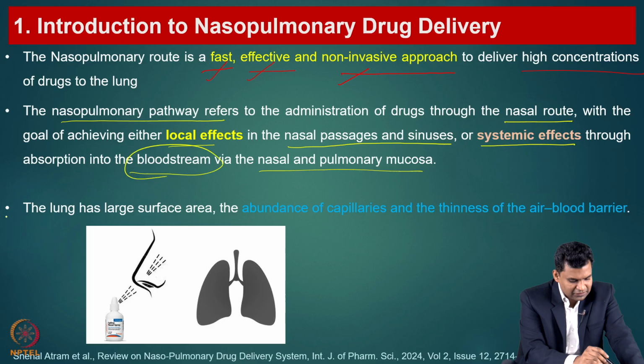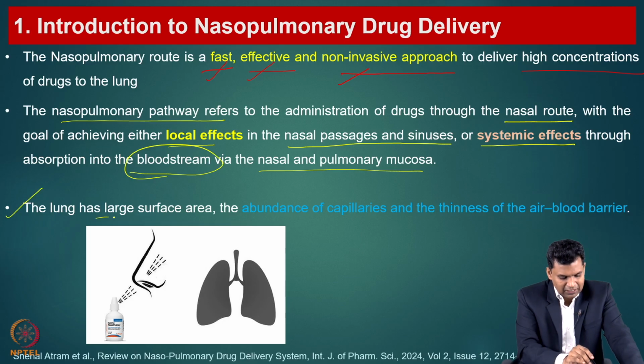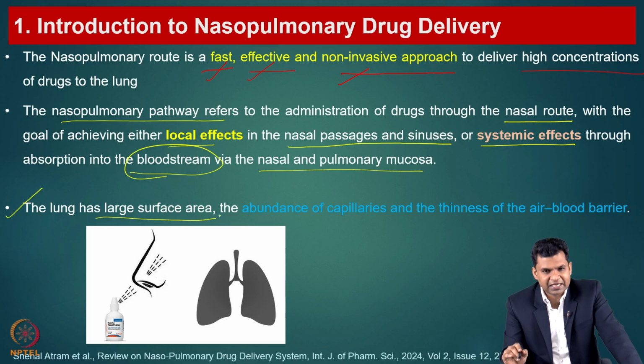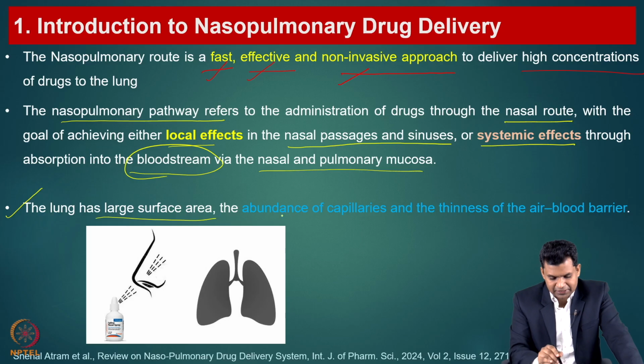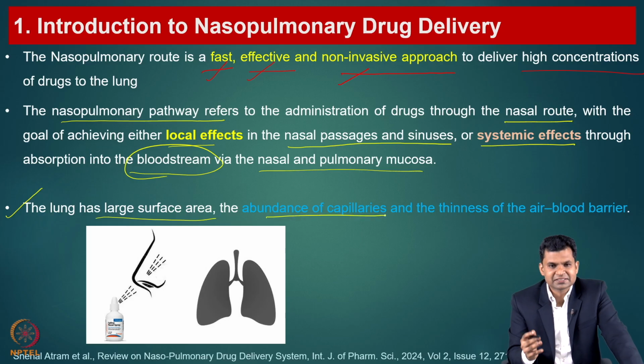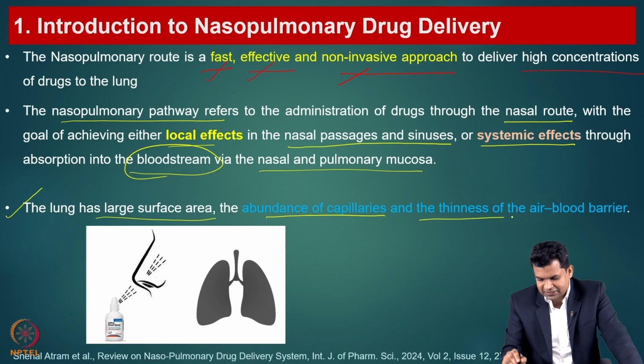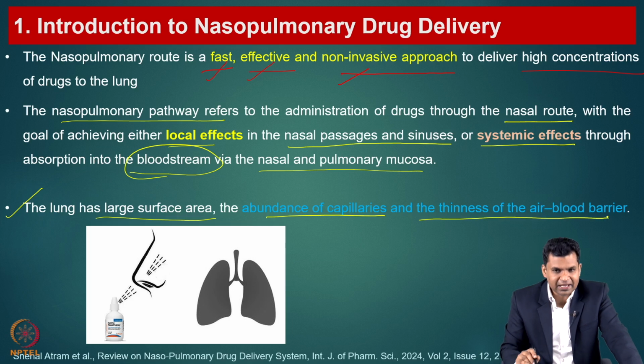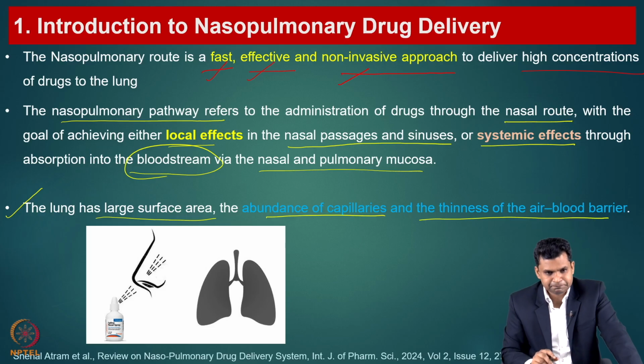Because the lungs have the largest surface area, an abundance of capillaries in the alveoli, and the thinness of the air-blood barrier. That will help in the onset of action.